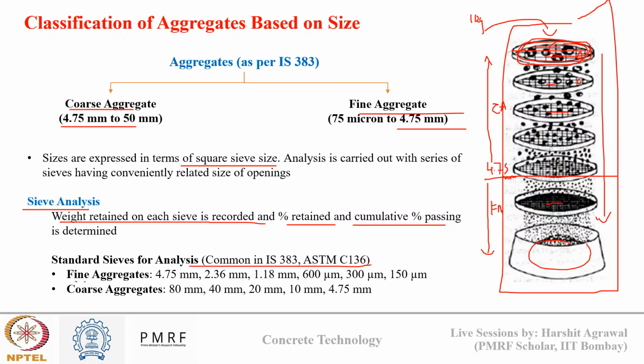So you can see in fine aggregate we have 4.75 mm passing, 2.36 mm passing, 1.18 passing, 600 micron passing, 300 micron passing, and 150 micron passing. While in coarse we have 80 mm, 40 mm, 20 mm, 10 mm, and 4.75 mm. So this is like a margin for us. Above this is coarse, below this is fine.